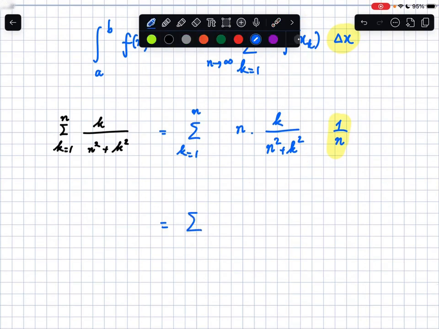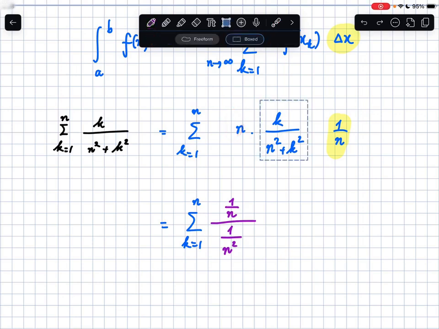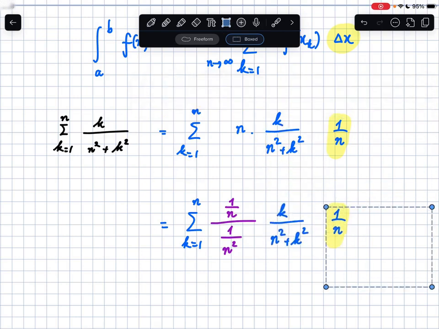Let's write it in a nicer form. First I will write n as 1 over n over 1 over n squared. So 1 over n multiplied by n squared gives us n, and the rest, k over n squared plus k squared, is multiplied by 1 over n.